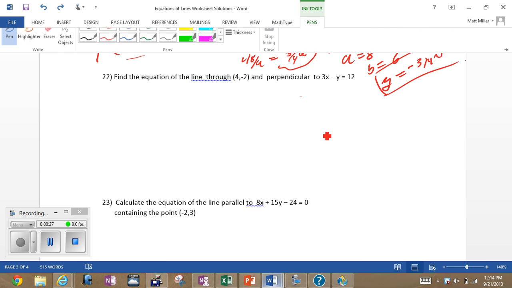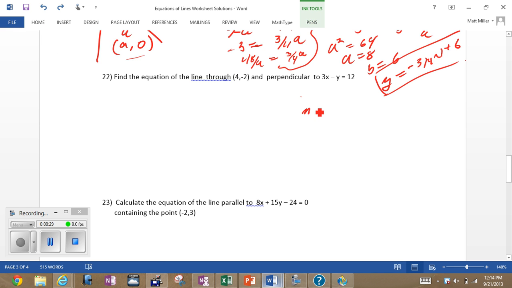The slope here is m is equal to -3 over -1, which means, of course, that it is 3, which means the slope of the perpendicular is -1/3 through that point.